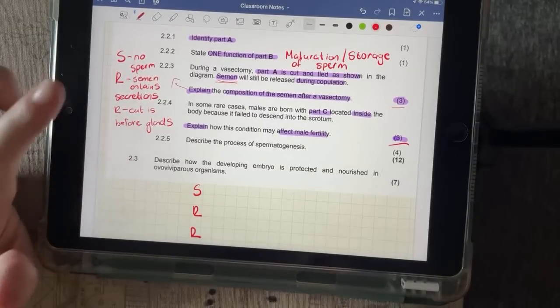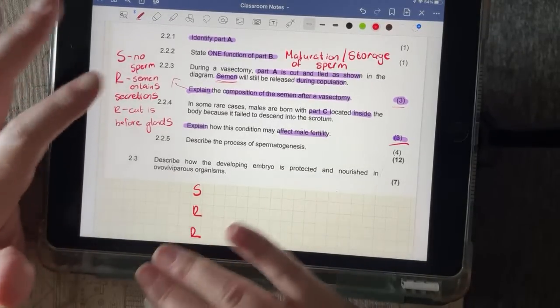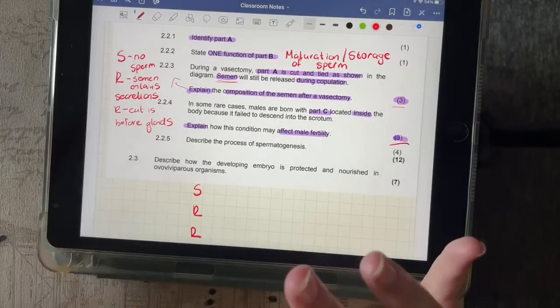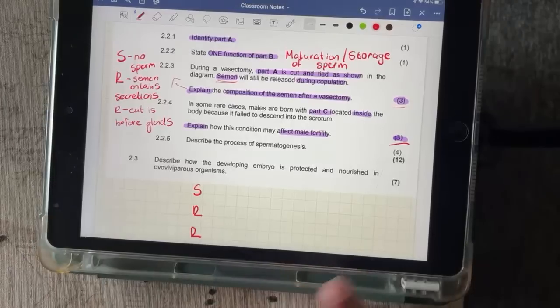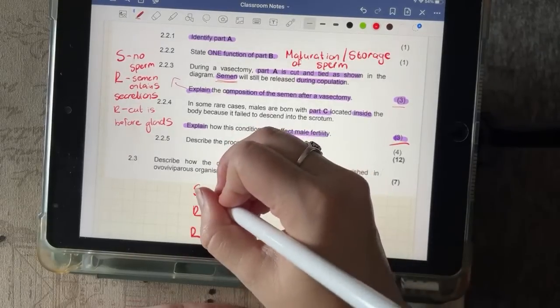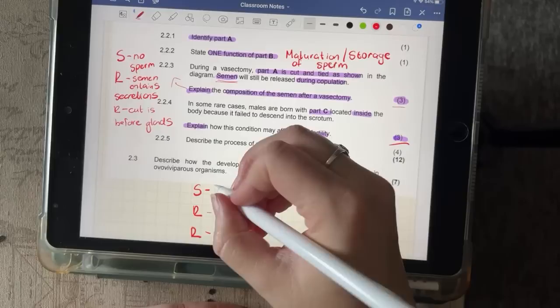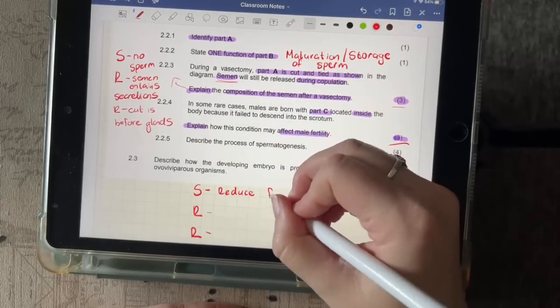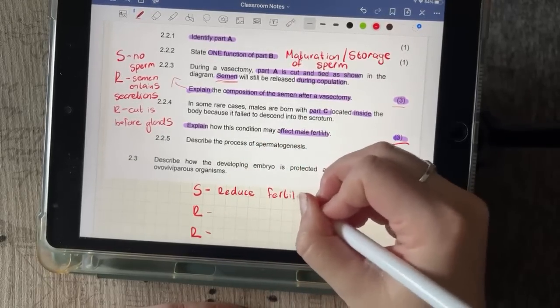All right. And yes, the temperature is the problem. Okay. So remember, you've got to think, what knowledge have I already done about fertility and temperature and the scrotum and how that all goes together? So how would this condition affect male fertility? So our statement, it is going to reduce fertility. You need to say that.